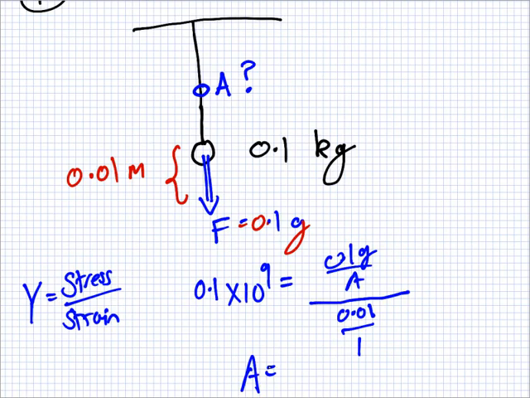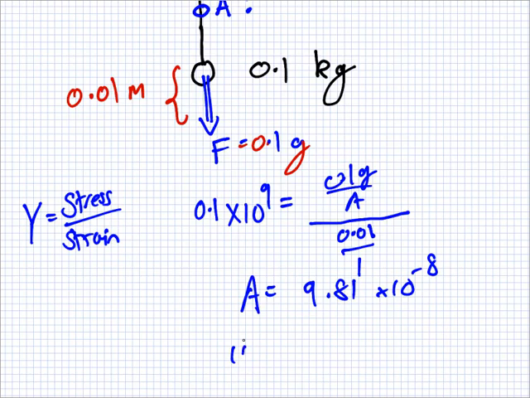Right, so I got a very small area, as I should: 9.81 times 10 to the minus 8. So pi r squared equals the area, so 9.81 times 10 to the power of minus 8. Do you want to double check? I'm not finished though. This is the area.